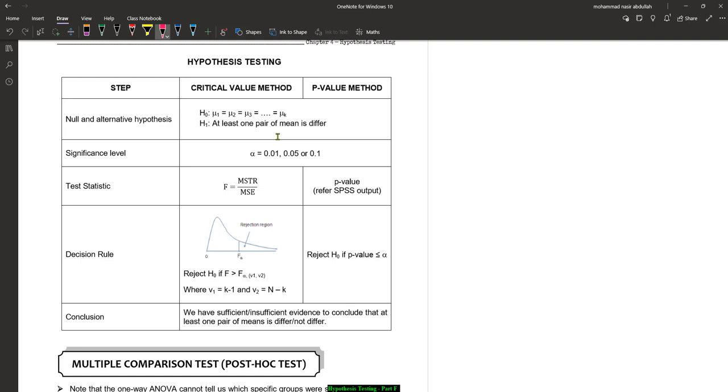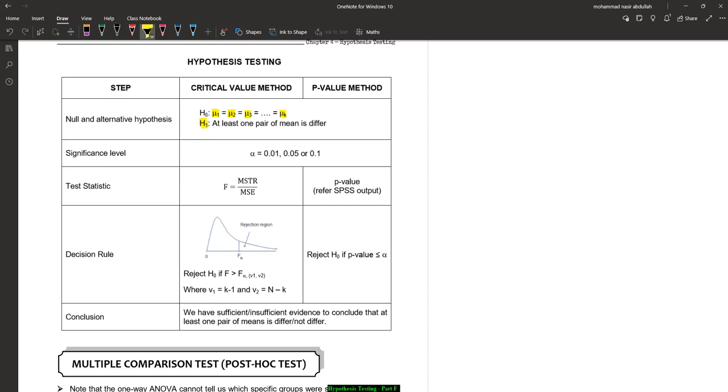For one-way Anova, we compare more than 2 groups. The same thing, and the concept should also be the same. So for the null hypothesis, we want to know there is no difference between the means of group 1, group 2, group 3 until group K. So mu1 equal to mu2 equal to mu3 until mu K.